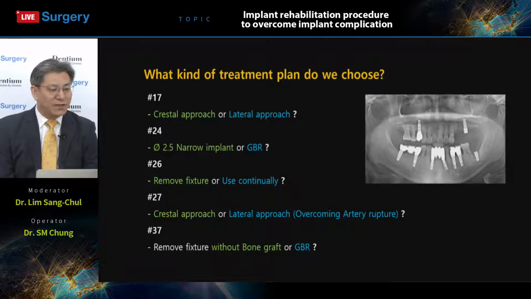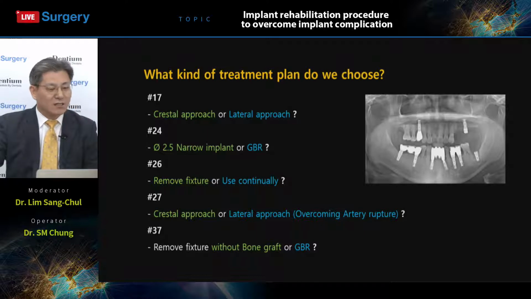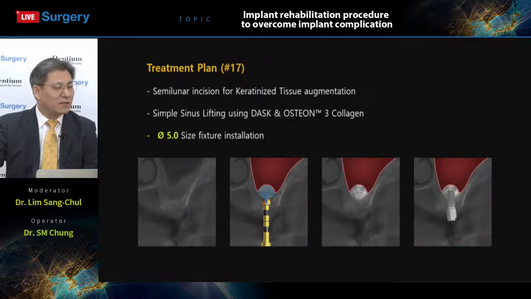All of these areas need some choosing. Which one is better, we have to consider before starting surgery and before making a treatment plan. As you can see, all these areas need selection of the treatment goal. So finally, Dr. Chung decided to treat number 17 first.